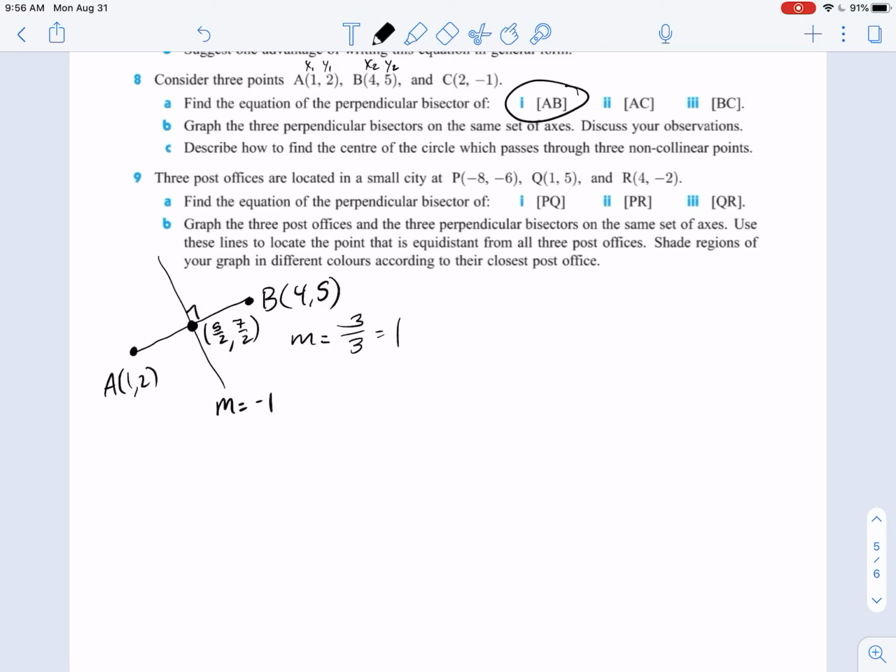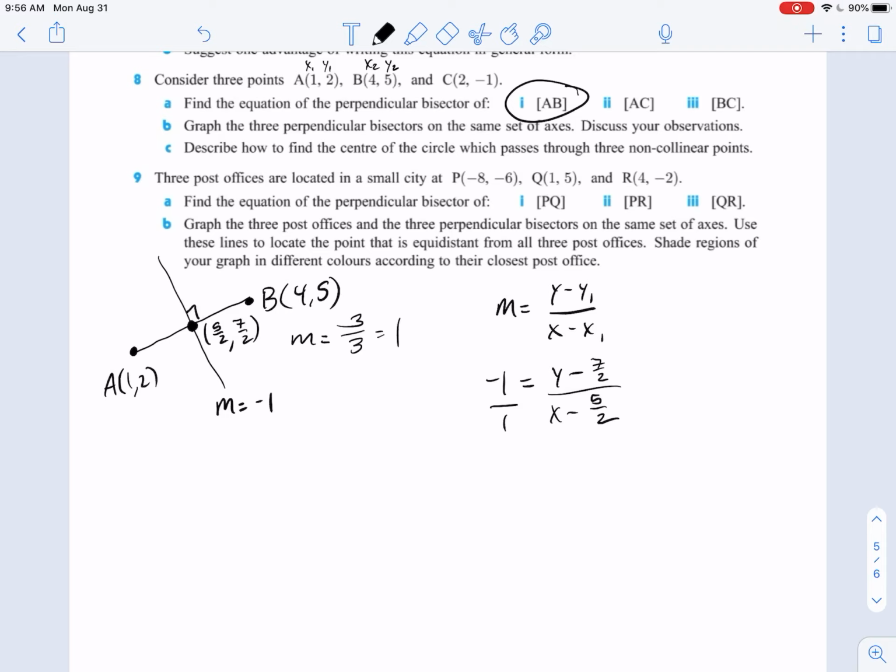So then to find the equation of the perpendicular bisector, I can use the slope formula, which would be -1 equals -1 over 1 equals y minus 7 halves over x minus 5 halves.